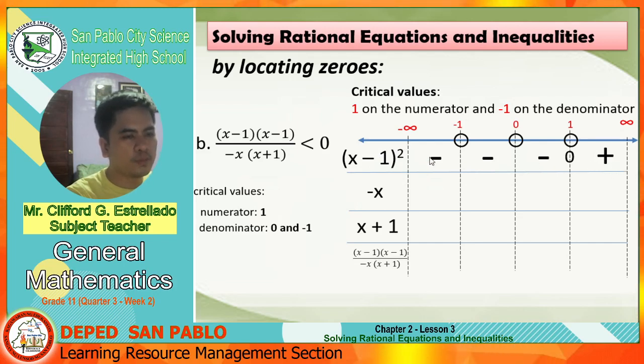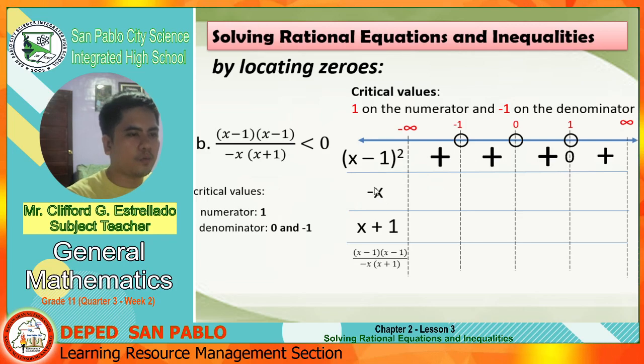Negative squared is positive, positive squared is positive. So on our first row, we will have all positive signs, because we square the given signs.